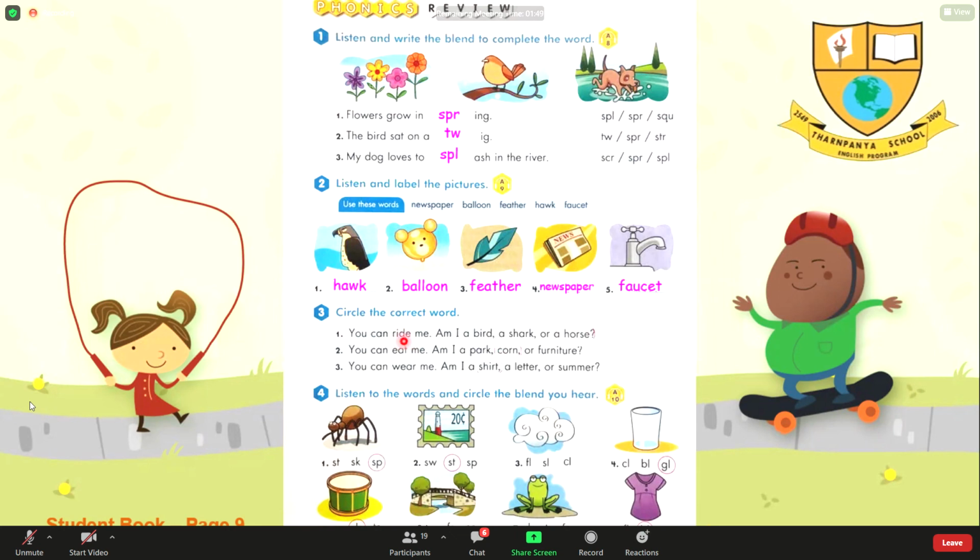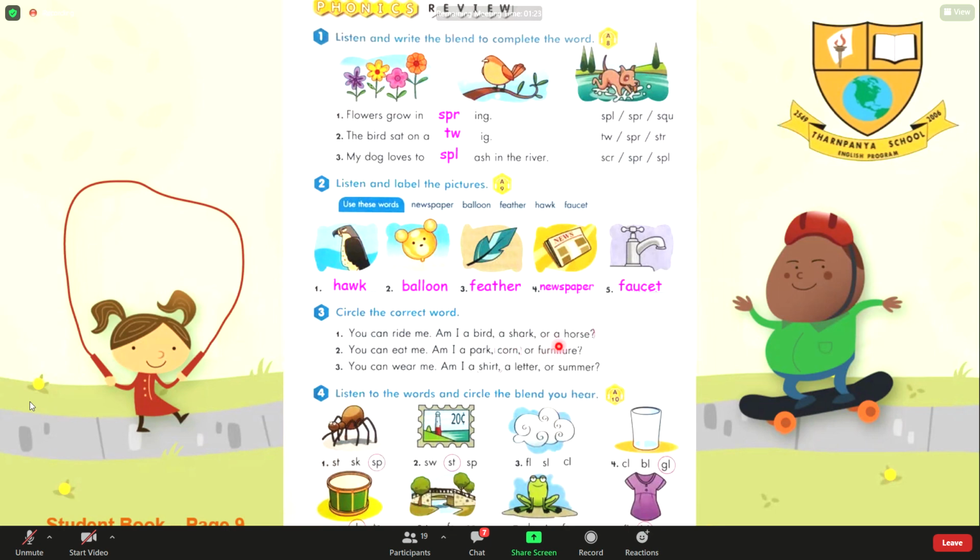Write me. Am I a bird, a shark, or a horse? What's the right word? You can write me. Am I a bird, a shark, or a horse?